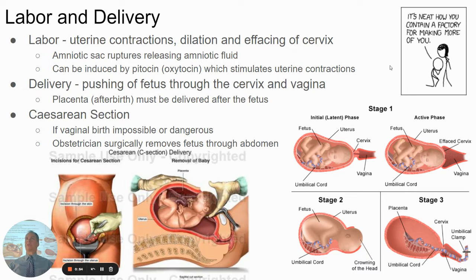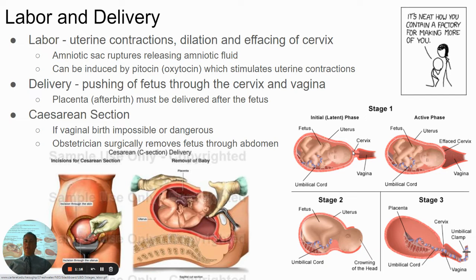So Jen, just to summarize that process, labor is the involuntary contraction of the uterus, which starts to move the fetus down lower into the uterus, where it presses on the cervix, which eventually has to dilate and open up to about 10 centimeters to allow the fetus to move through it.